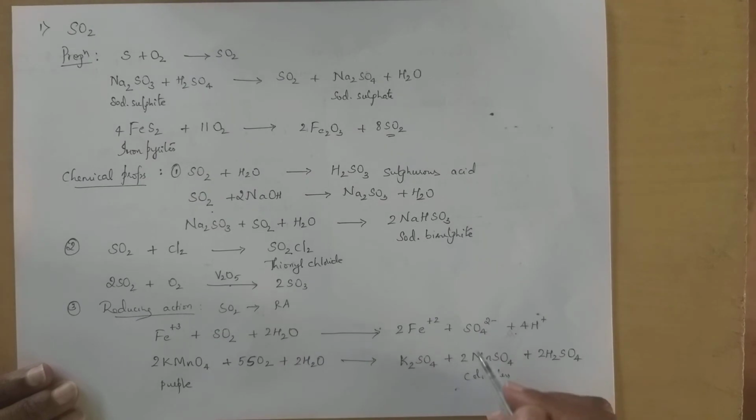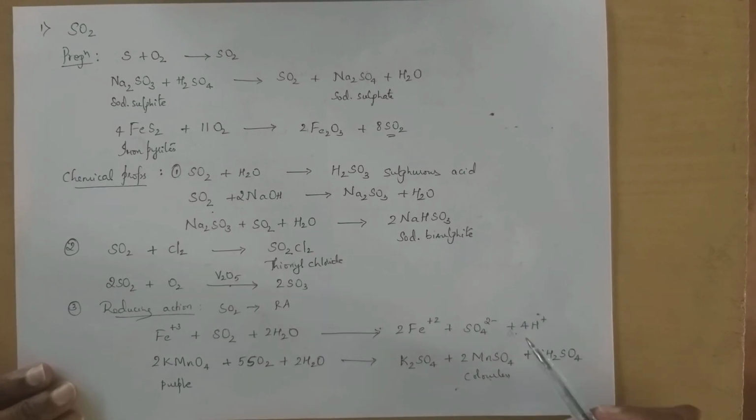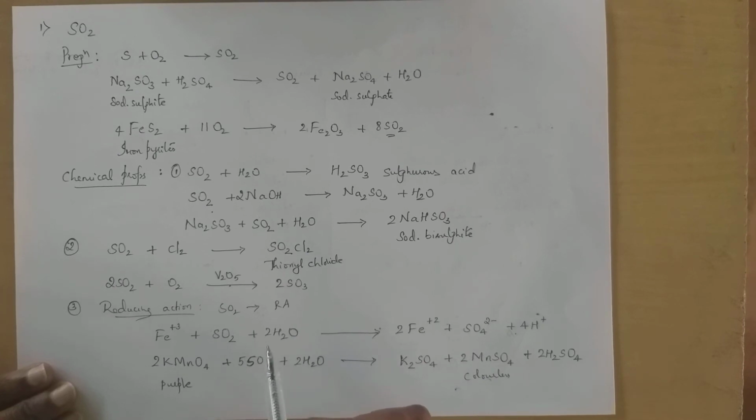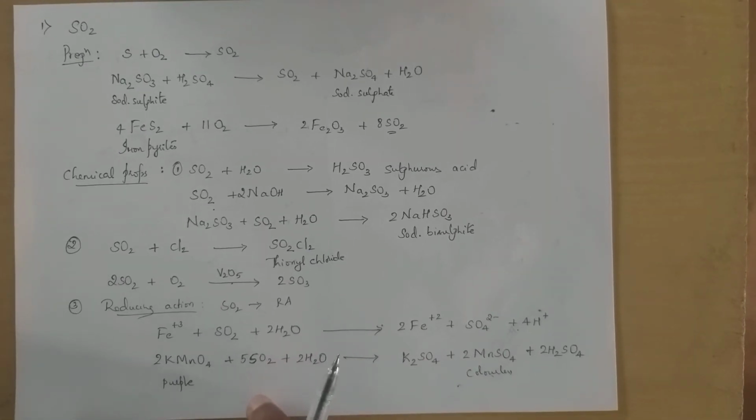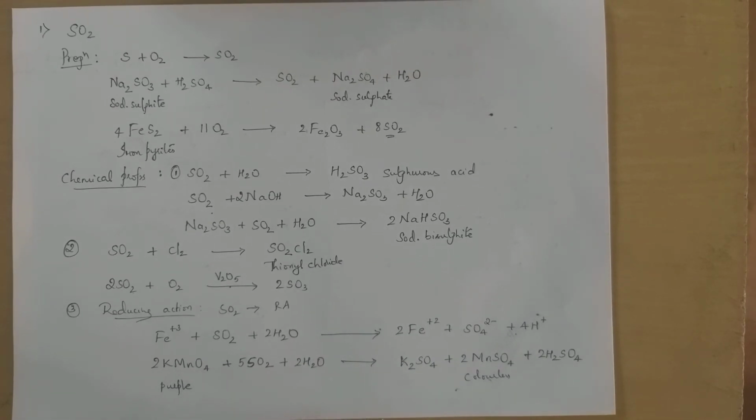Hence in these two conditions, ferric sulfate reduces to ferrous sulfate and potassium permanganate reduces to manganese sulfate, that is, the coloration gets decolorized. Clear? So in these two cases, sulfur dioxide acts as a good reducing agent. So this is about the reducing action of sulfur dioxide.